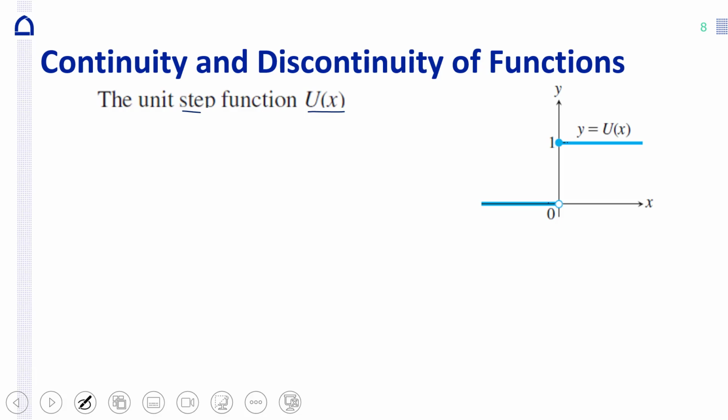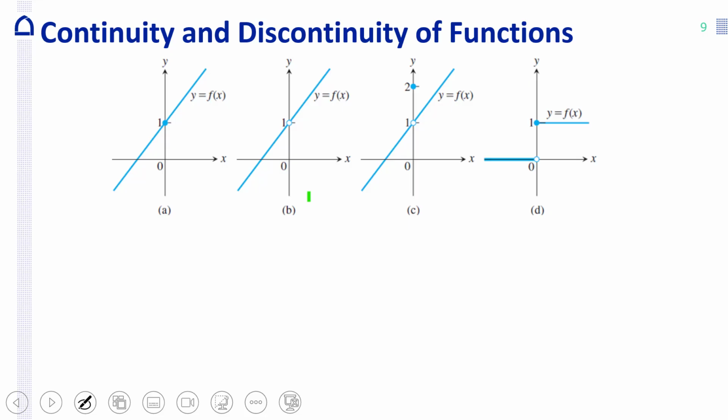So this is the jump discontinuity at x equal to 0. Now, if we have this graph for a different function, this is the linear function, okay? It's continuous because the left limit and right limit are equal to the function at x equal to 0.